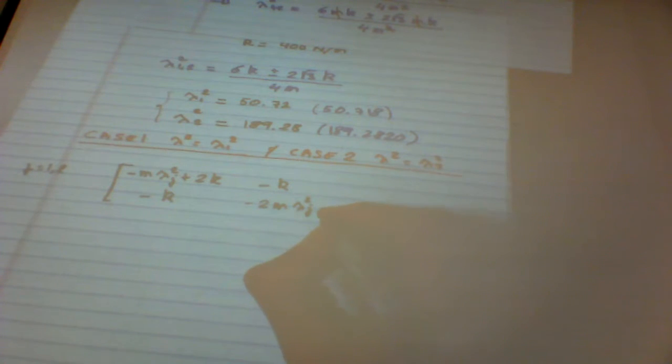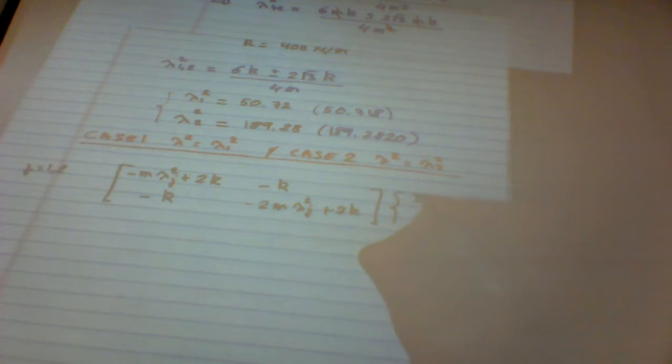That way we can save some time. So it would be minus 2m lambda j squared plus 2k, times x1, x2, equal to 0.